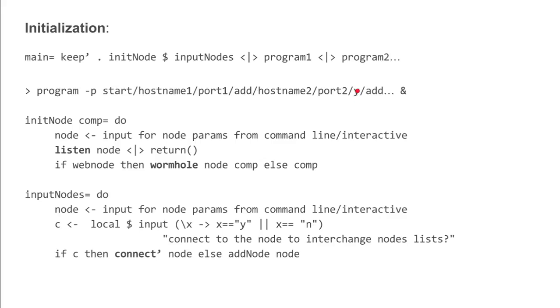If this is yes, it really connects. So both nodes interchange the node list. So this is the way to initiate and connect different nodes in Transient. We can have many nodes at first, or we can opt to connect them later.